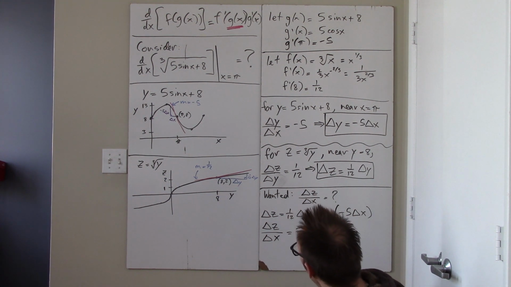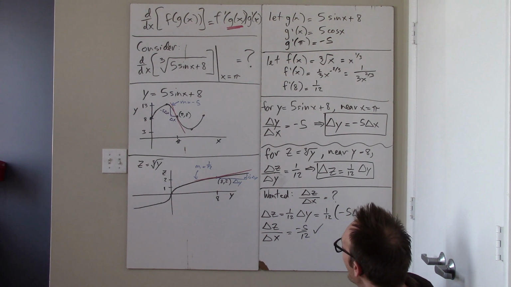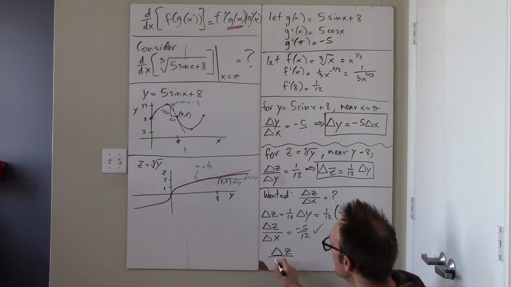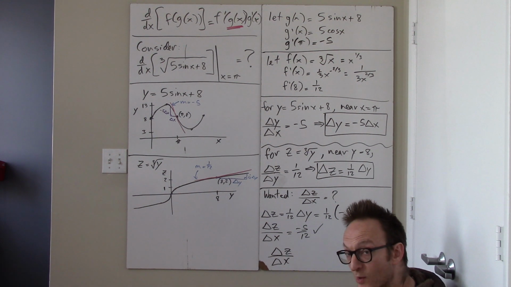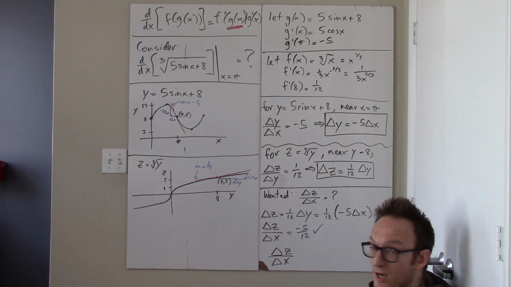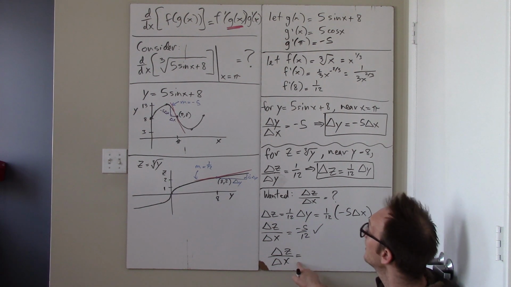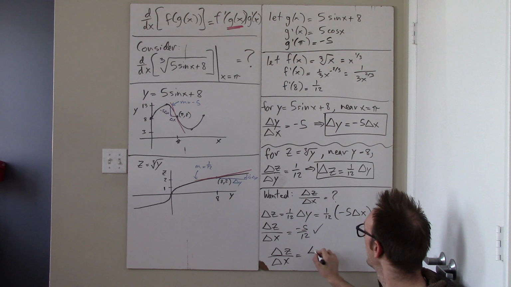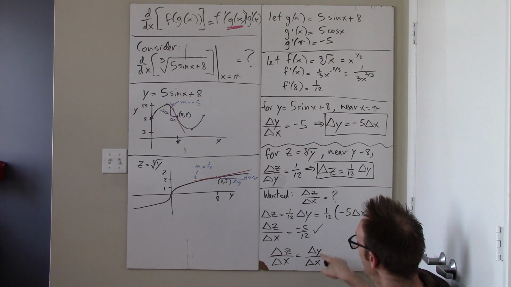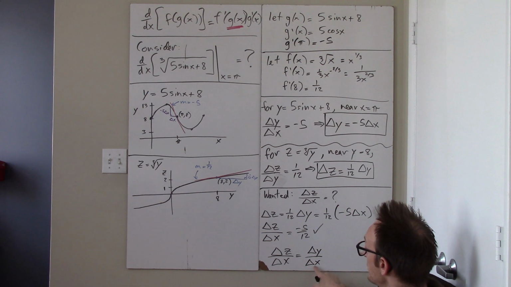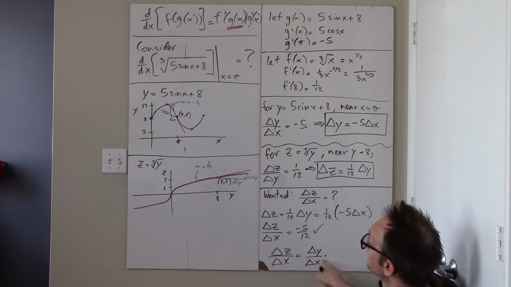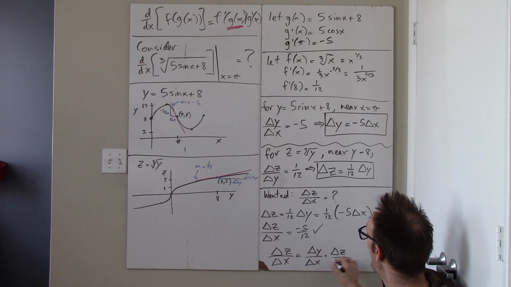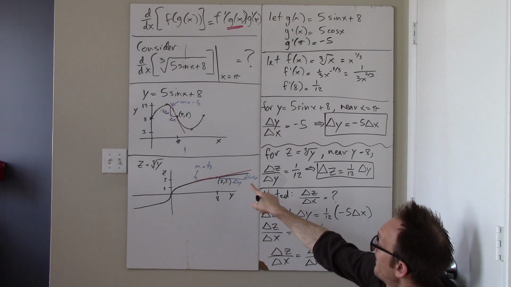More broadly, what I have determined is that in general, delta z over delta x, the very thing I am trying to calculate when I am trying to differentiate a composite function, is just going to be this: I first calculate delta y over delta x, the rate of change of the inner function with respect to a small change in the input, and I then take my second slope, delta z over delta y, which we found here was 1/12.